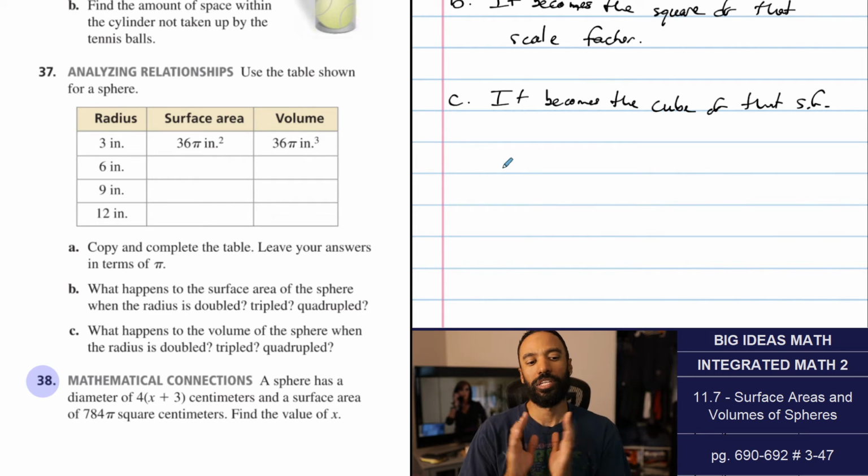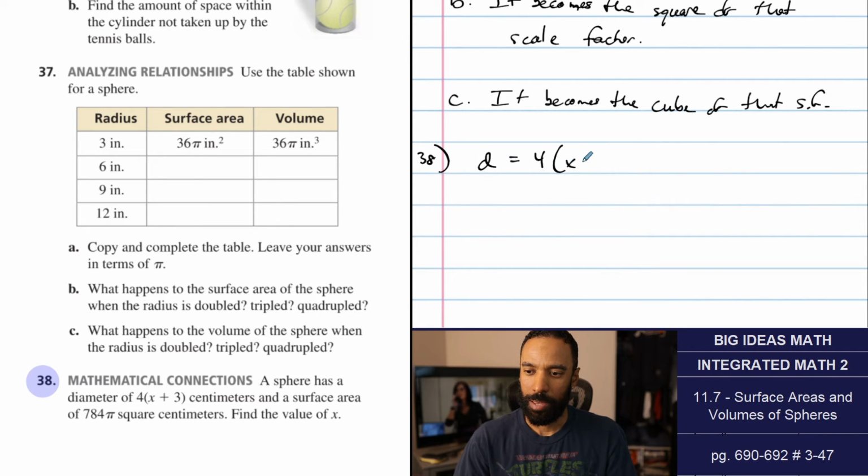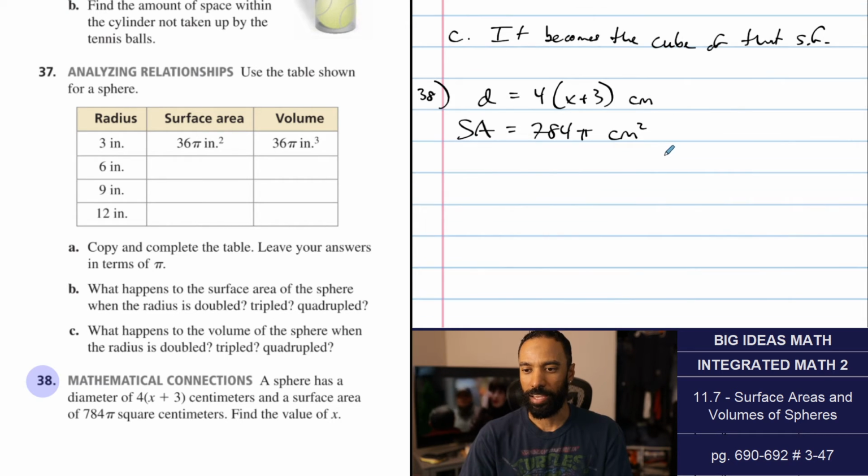Mathematical connections. A sphere has a diameter of 4 times x plus 3 centimeters and a surface area of 784 pi square centimeters. Find the value of x. Well, let's start with the diameter portion. The radius will be half of that.